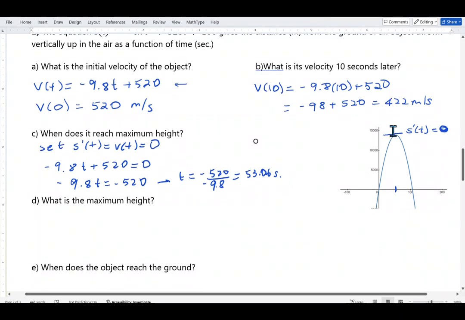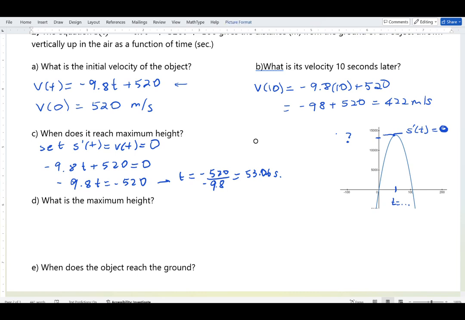Okay, what about the maximum height? So here we found the time, and so 53 seconds roughly after it was thrown up in the air is when the maximum height is obtained. But what is it in terms of meters? It looks like somewhere between 10,000 and 15,000 based on our graph there. So let's find the maximum height. You just need to plug in the time that you obtained here into your distance from the ground equation.